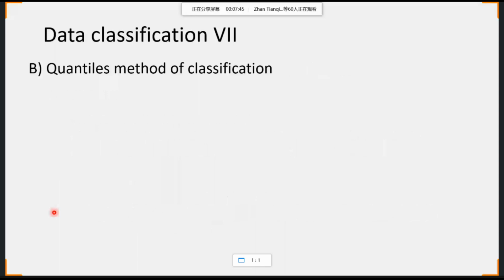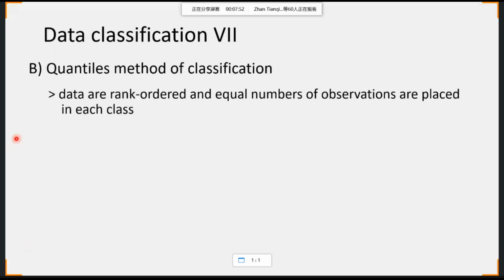Then the second method is the quantiles method of classification. Data are ranked, ordered, and equal numbers of observations are placed in each class. So it's about an equal number of observations.